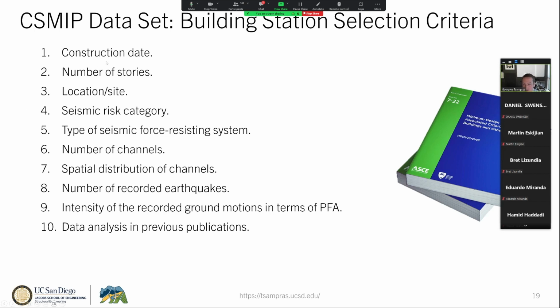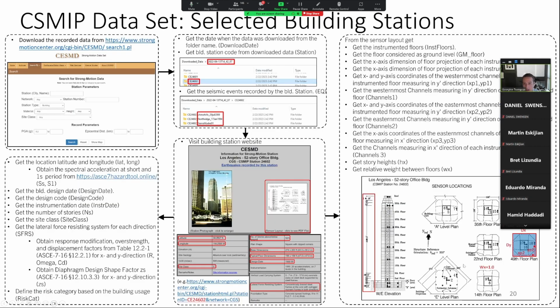And we look into the construction date of the building station, the number of stories, their location, the risk category, the type of seismic force resisting systems, the number of channels from which we can retrieve acceleration data, the spatial distribution of these channels over the height and within a floor plan, the number of earthquakes that have been recorded by a given station, the intensity of these earthquakes, and we also look at whether these building stations have been analyzed and utilized by other researchers.